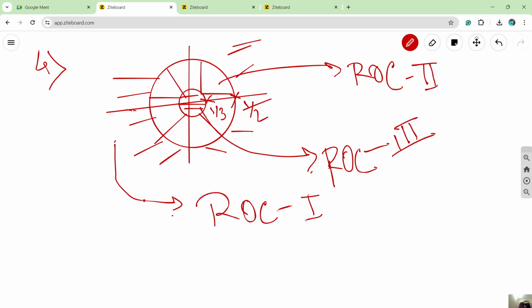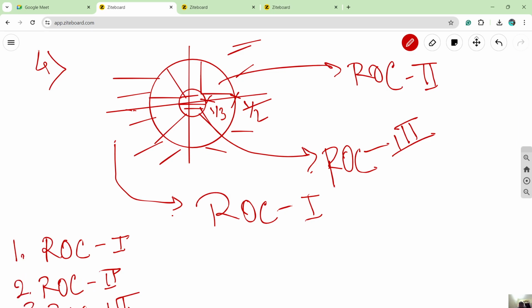So we have to match this section. So ROC 1, ROC 2, ROC 3 are on the left hand side as 1, 2, 3. On the right hand side there are A, B, and C, 3 points.